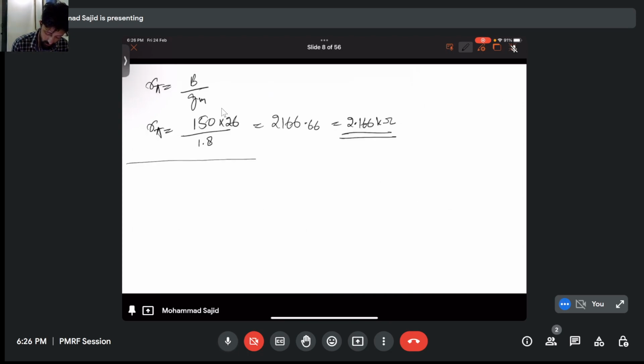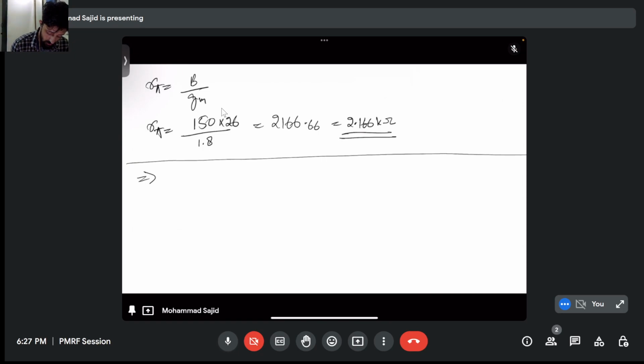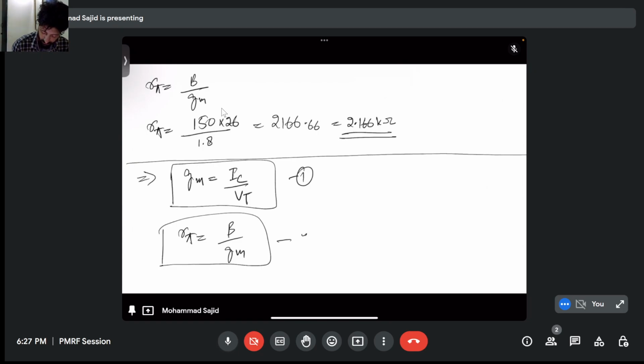So what we take from these slides is, your Gm for a BJT is IC by VT, number 1. Your R pi is beta by Gm, number 2. Okay, and we derived this from this relation. Okay, so this is done.